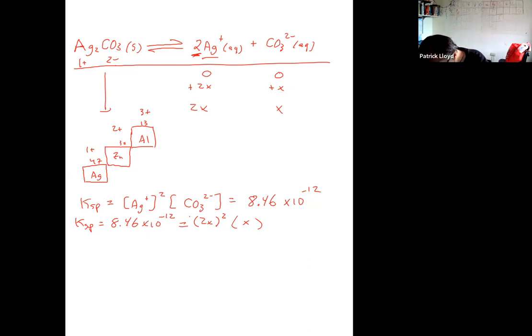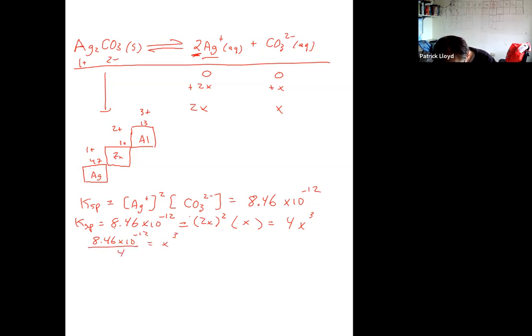So mathematically this is just like the one we just did. It comes out to 4x cubed. Most of the problems they're giving you are 1-to-1 or 2-to-1. So we're going to solve for x again. This number, 8.46 times 10 to the -12, divided by 4 is going to give us x cubed.